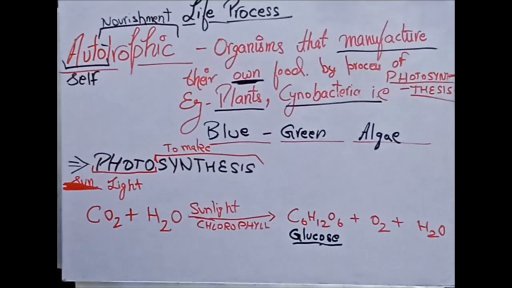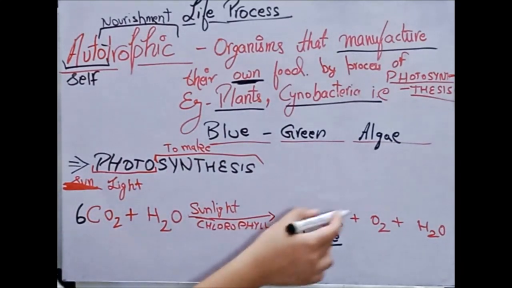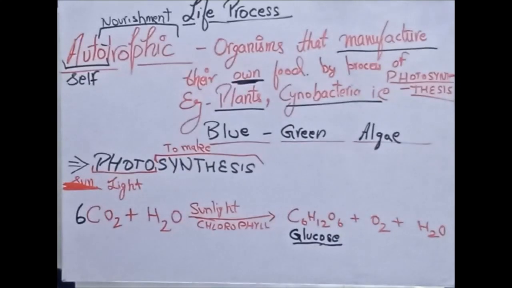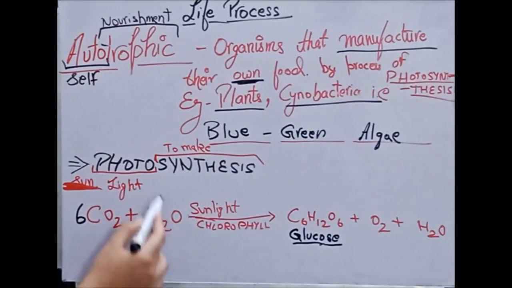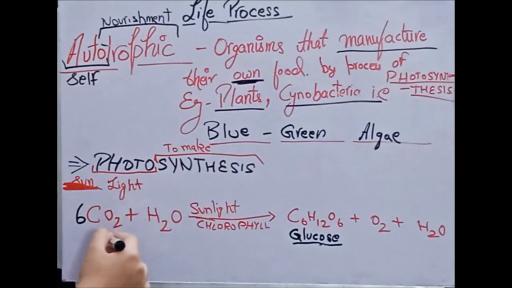Now the thing is balancing. 6 carbon, 6 carbon. Okay, hydrogen 12 on one side, and on the other it's 6, 7, 8, 9. So what should I make? Should I make it 6 here? Should I make it 12 here?